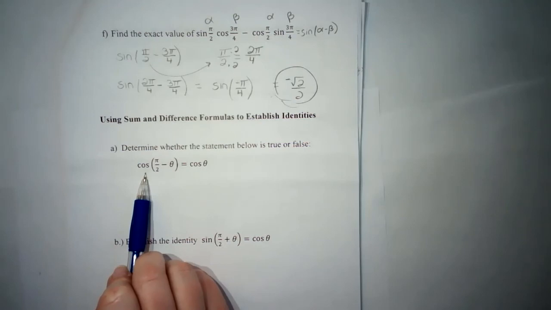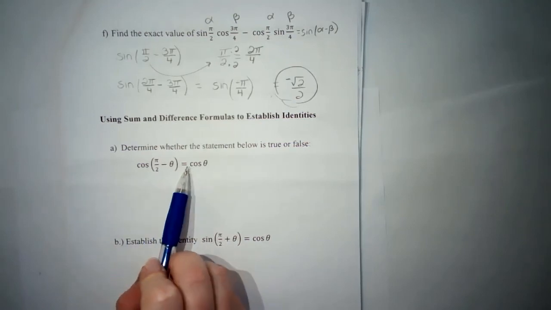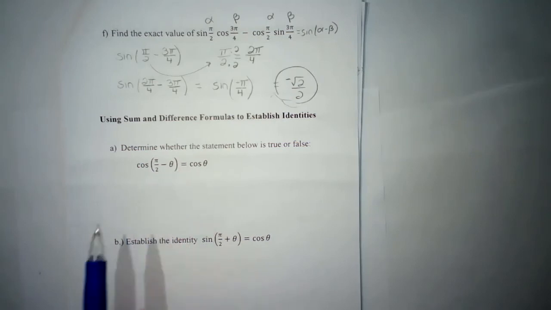This, you cannot distribute. Why can't I distribute cosine through there? Because cosine's not a thing. Cosine theta is a thing that could be distributed. Cosine pi over 2 is a thing that could be distributed, but the word cosine can't be distributed. It has to have something after it.